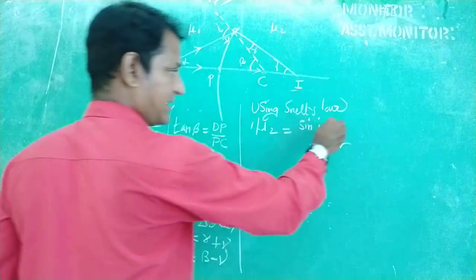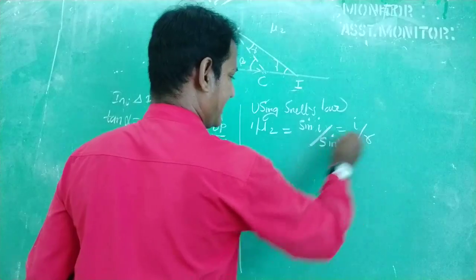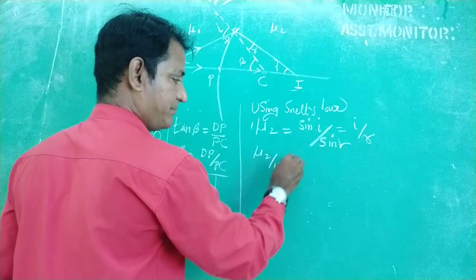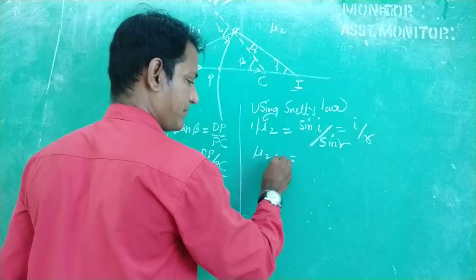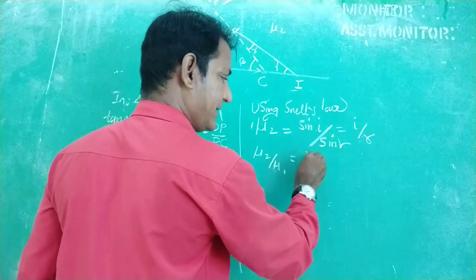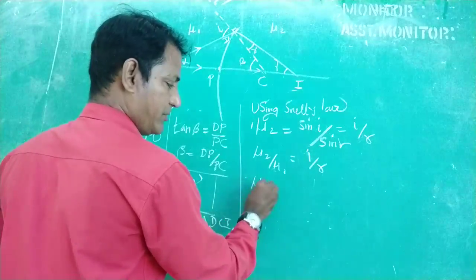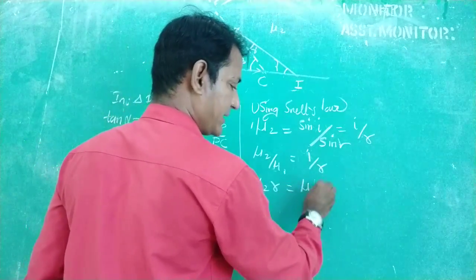Since the angles are small, I can write it as i by r. Here 1mu2 can be written as mu2 by mu1 is equal to i by r. Cross multiplying, mu2 r is equal to mu1 i.